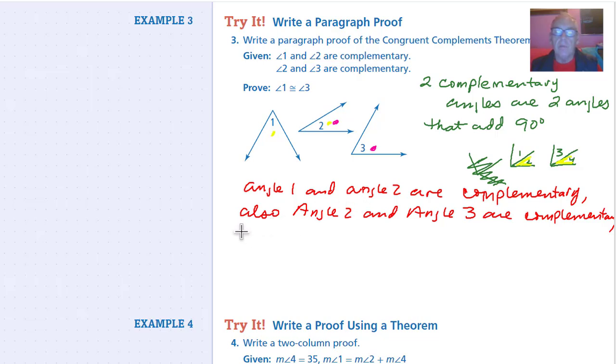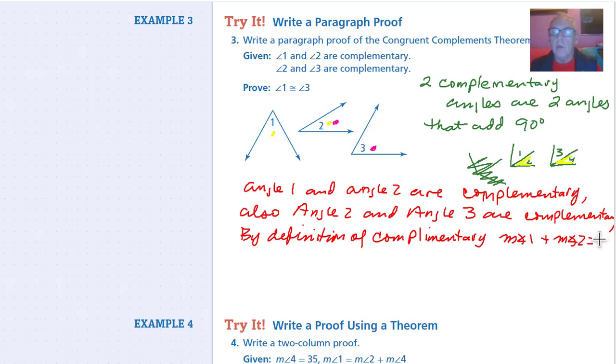By definition of complementary, measure angle 1 plus measure angle 2 equals 90, and measure angle 2 plus measure angle 3 equals 90.